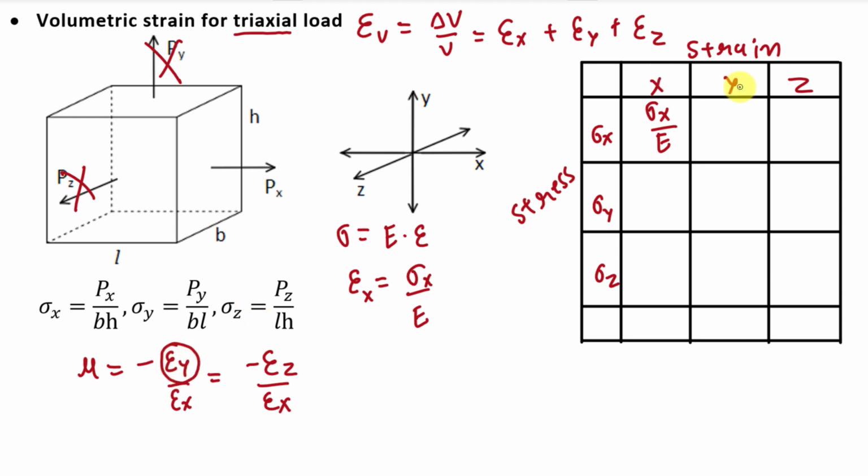Epsilon y, meaning strain in y direction due to stress sigma x, will be minus mu into epsilon x. Right? And what is the value of epsilon x? Epsilon x is sigma x divided by E. So it will be minus mu sigma x divided by E. So we are going to write this strain here.